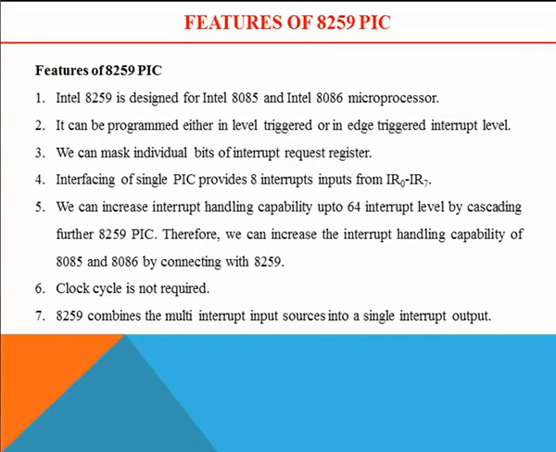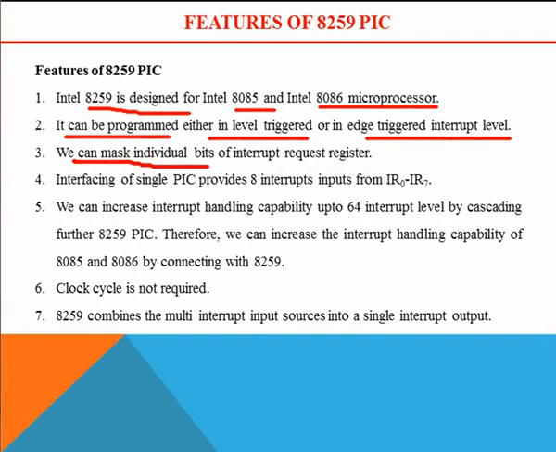Let's see the features of the 8259 PIC. 8259 is designed for 8085 and 8086 microprocessors. It can be programmed either in level triggered or in edge triggered interrupt mode. We can mask individual bits of the interrupt request register. Interfacing of a single PIC provides 8 interrupt inputs from IR0 to IR7.